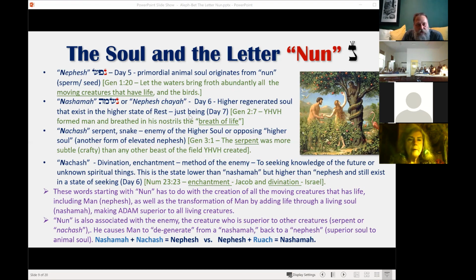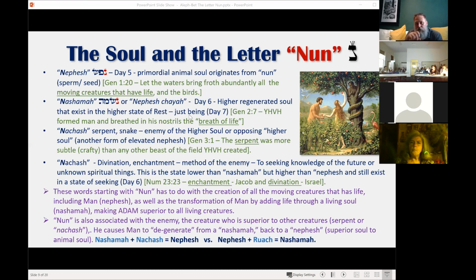And the verse 20, it says, let the waters bring forth abundantly all the moving creatures that have life, and the birds. So we see all creatures that have life, that's animals as well as people, are brought forth abundantly from the waters.